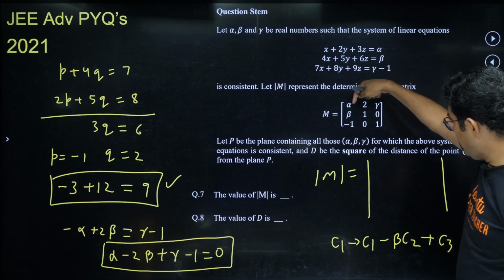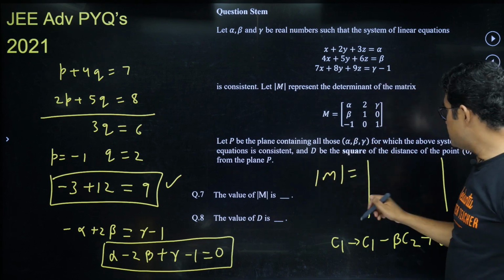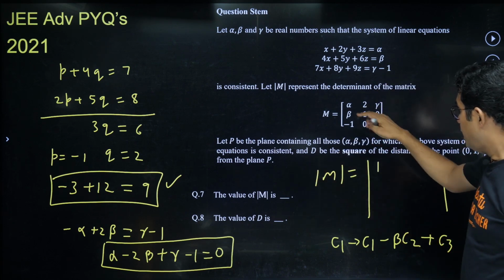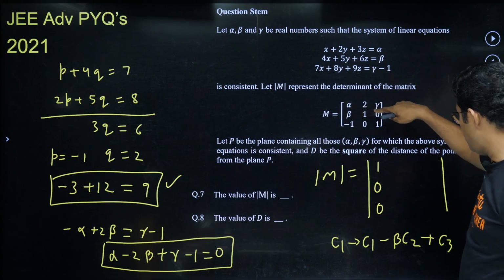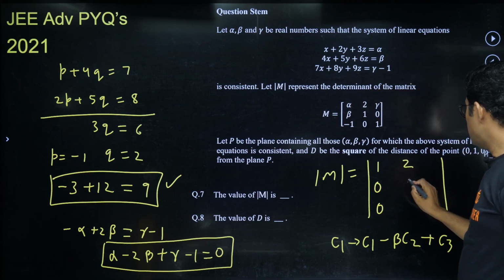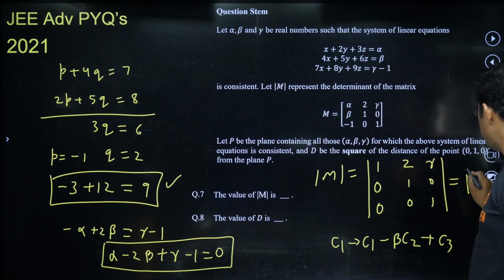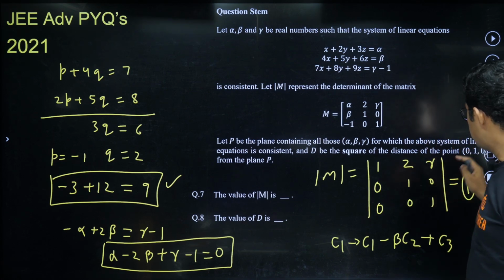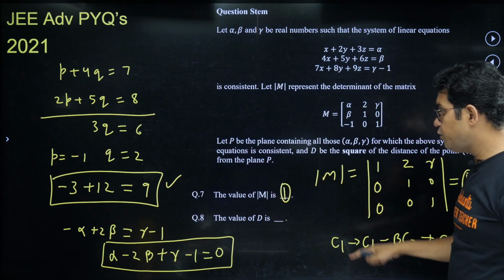So this alpha minus 2 beta plus gamma is equal to 1, so the first term will be 1. And you can see these two will become 0, 0, because beta minus beta is 0, and minus 1 plus 1 is 0. So 2, 1, 0, gamma 0, 1. You can solve it, you get the answer as 1. So this is the answer of this question number 7. Answer is 1.